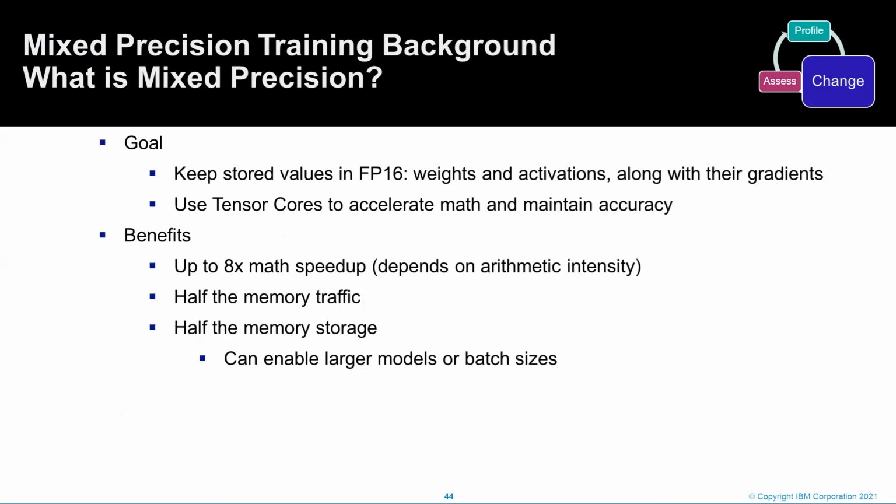So the goal is to store the values in FP16, the weights and the activations, so the tensors, along with their gradients, and to use tensor cores to accelerate math while maintaining the accuracy as well. Inside a complex model architecture, not all the layers comply with mixed precision.